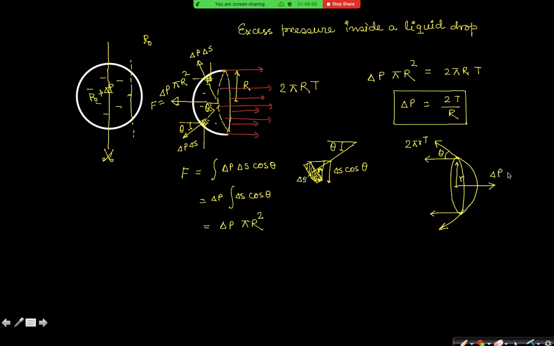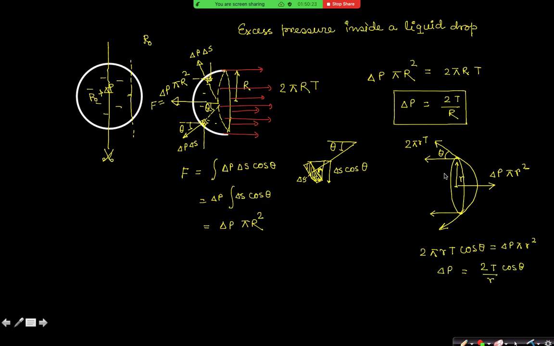Delta P into pi r square. Only the projection I will take. So can I say 2 pi r into T cos theta is equal to delta P pi r square. So delta P here you will get as 2T cos theta by r.